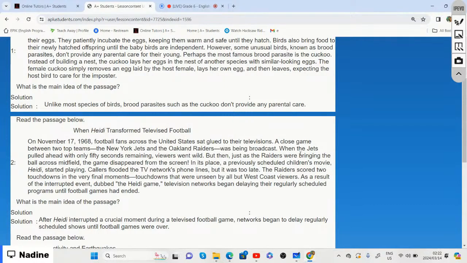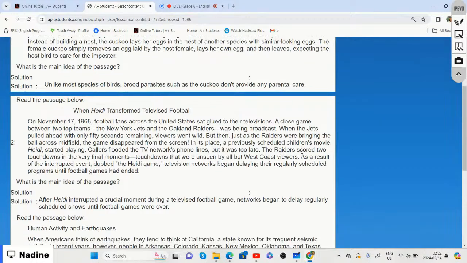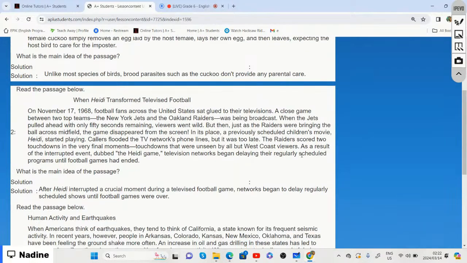All right. And if we look at the main idea within that passage, remember they were disturbed by an automated broadcast, like an automated movie, right? So after that, they started calling it the Heidi game, right?